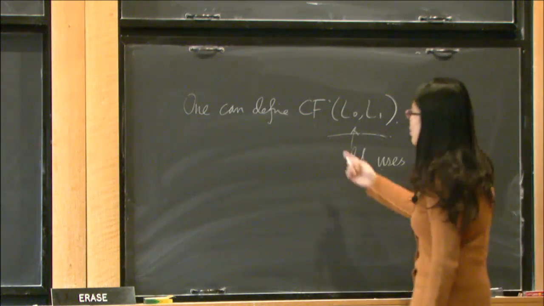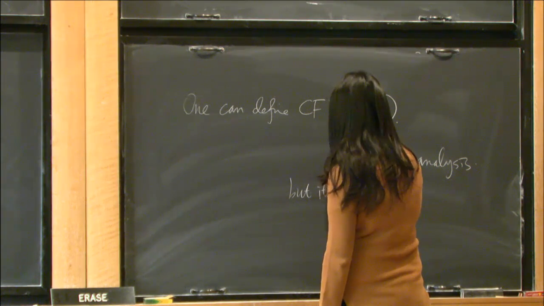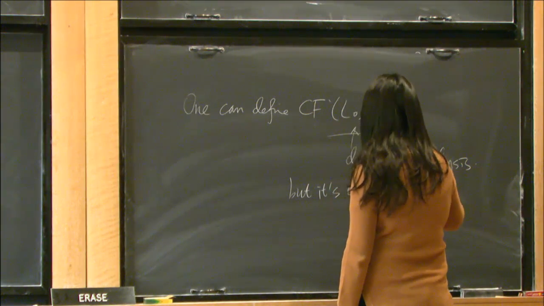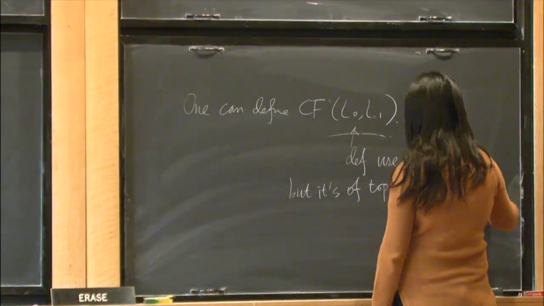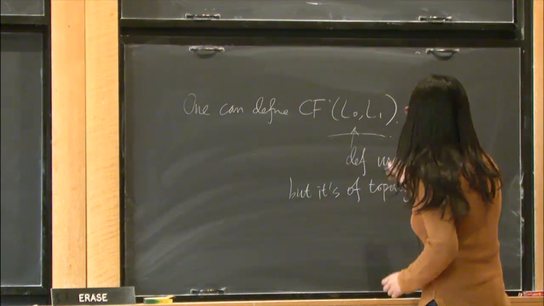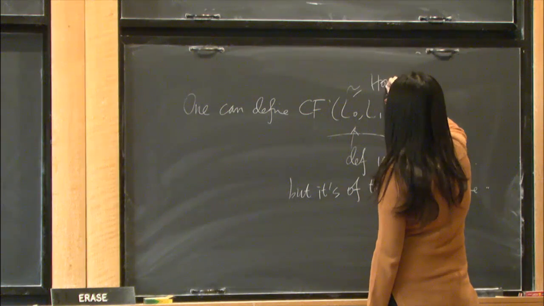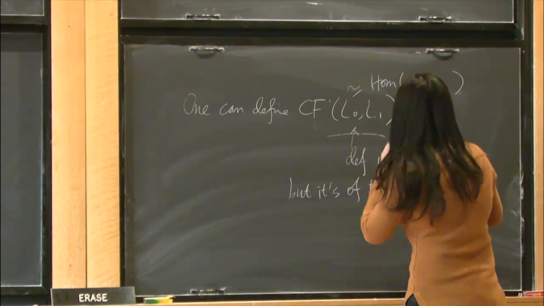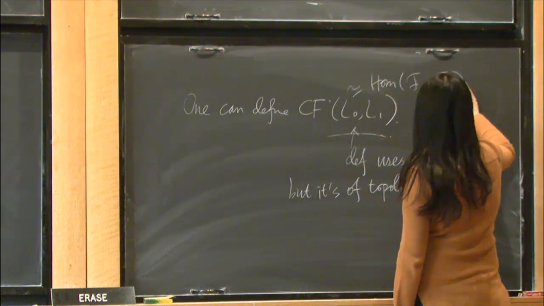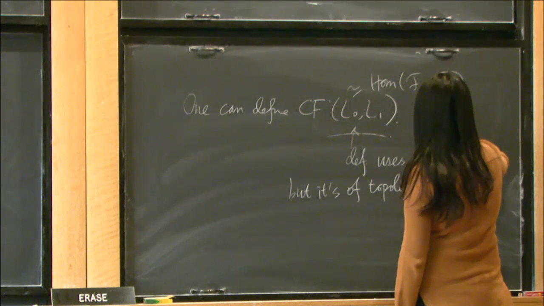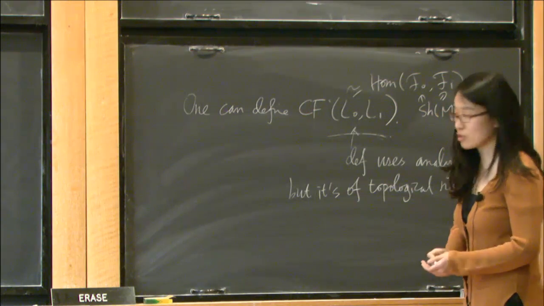Okay. And also one can see the topological nature of it from the Nadler-Zaslow theorem, which equates this Floer cochain complex with the Hom of two constructible sheaves on X. So that it's really of topological nature.